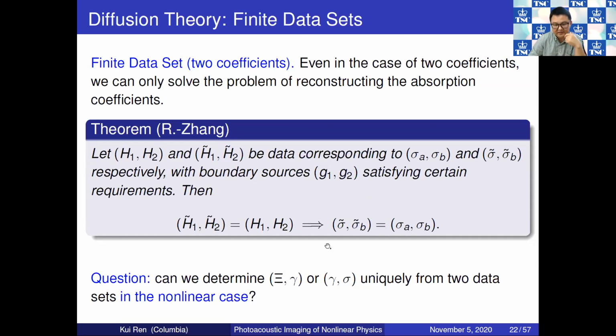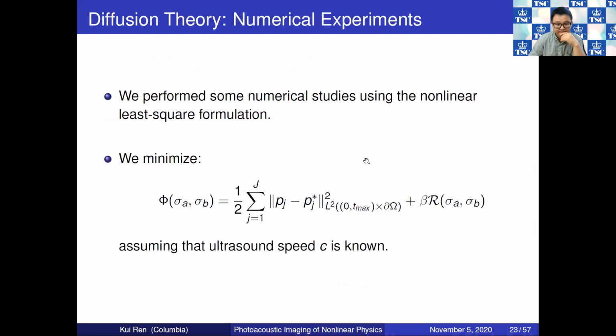So it would be ideal, even if you don't want to recover the diffusion coefficient, which does not change a lot when there's a tumor or there's not a tumor. Even if you want to say that let's fix that, try to recover the other three, as I said, we don't know how to do it. So again, please help us if you are interested.